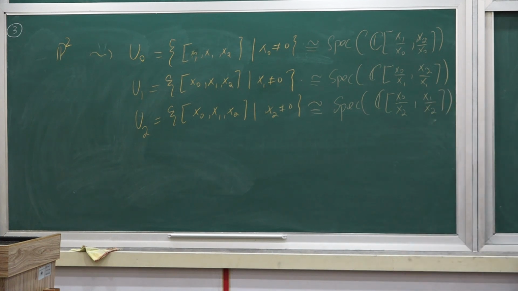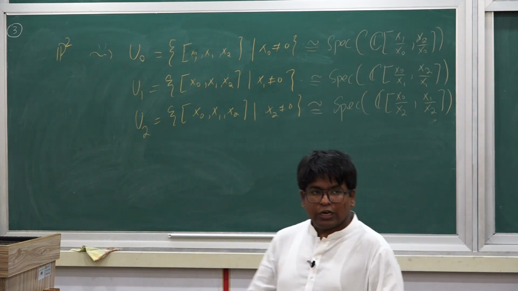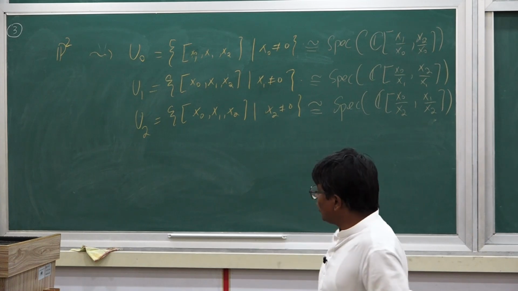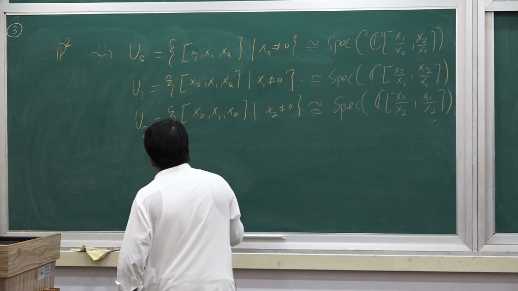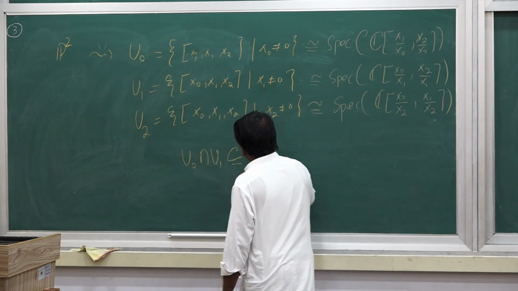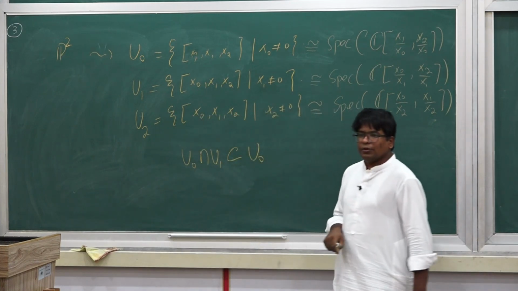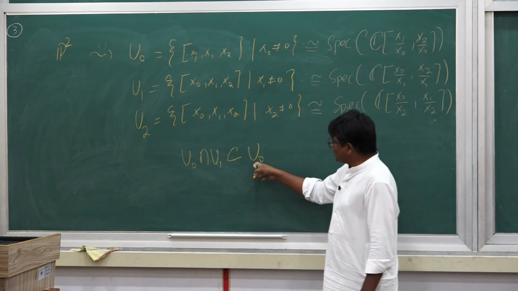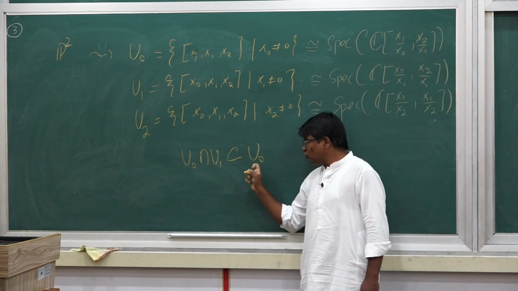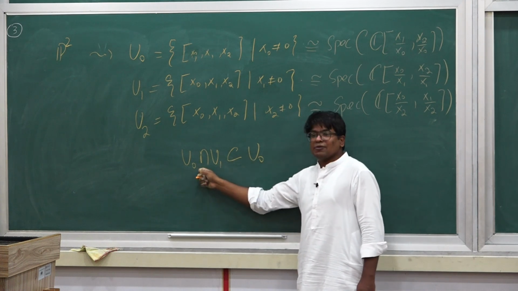Now, note what happens when I say that I am in the intersection of any of these. Let us say you take the intersection of U naught and U1. If I want to see this intersection U naught intersection U1 inside my U naught, then this is an affine toric variety, and associated to this affine variety, this is a subvariety.